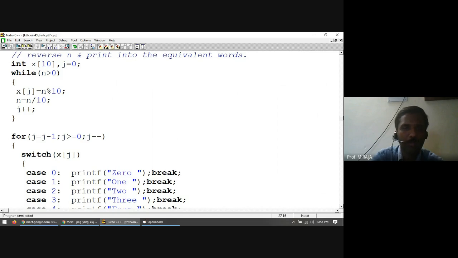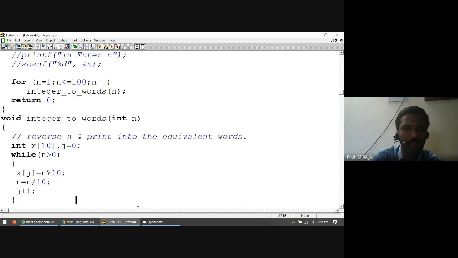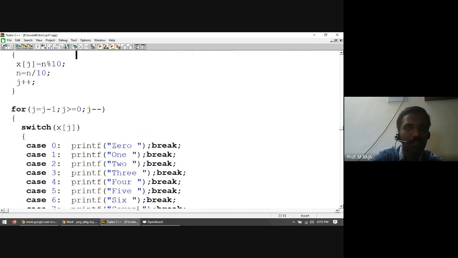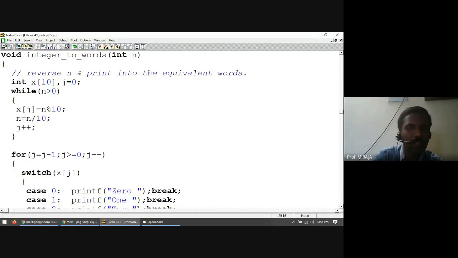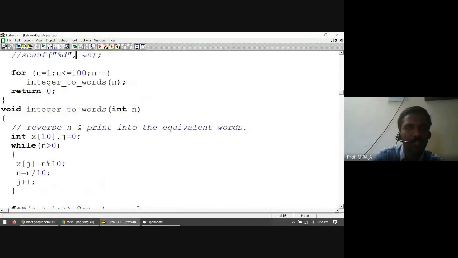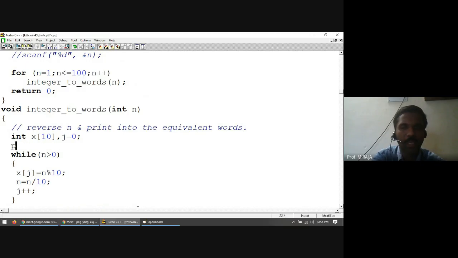In case you want to print the integer, while n greater than 0, we need to print the value of n first here. For example, here I would like to print slash n, percentage d comma n.